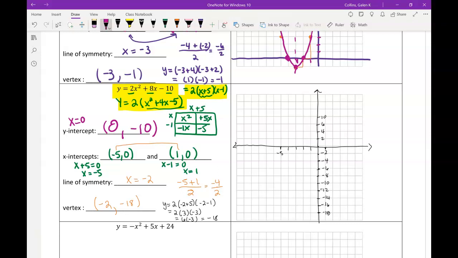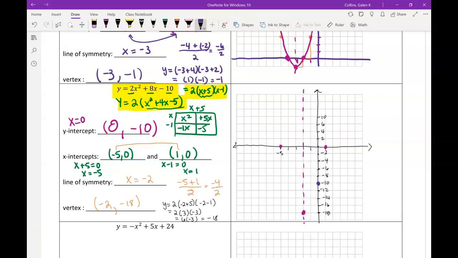Okay, so our x-intercepts are at -5 and +1. We said our line of symmetry goes through where x is -2. So this would be a good line of symmetry. We said our vertex is always on the line of symmetry. That's at (-2, -18). And then we know our y-intercept is (0, -10).